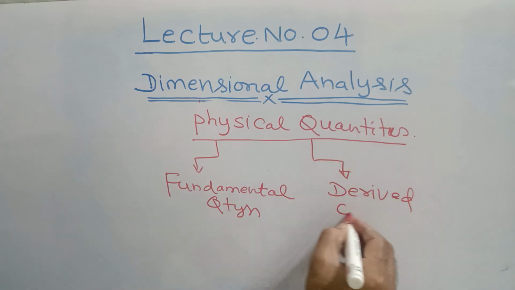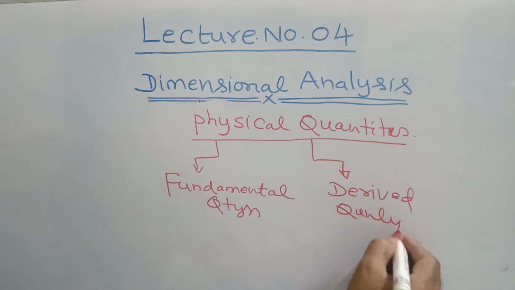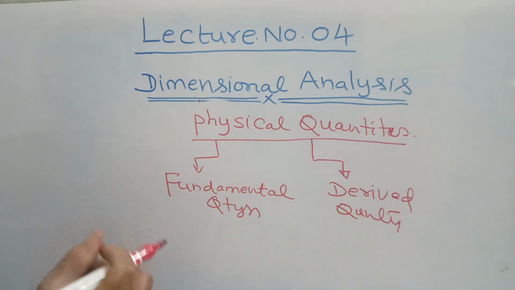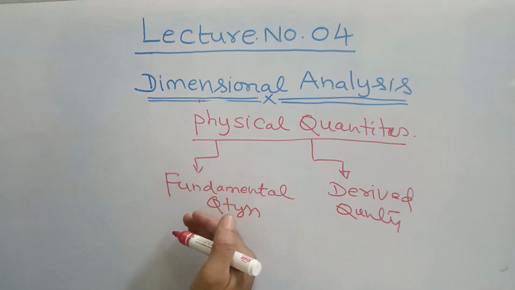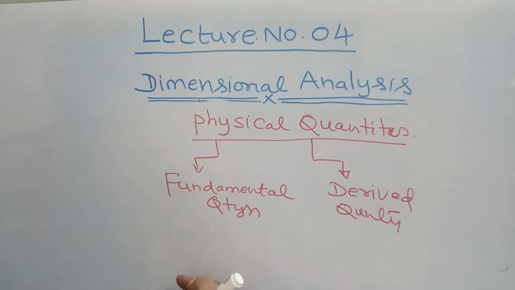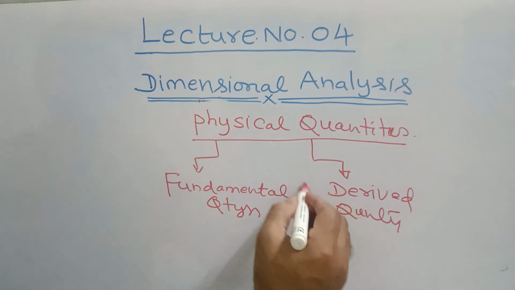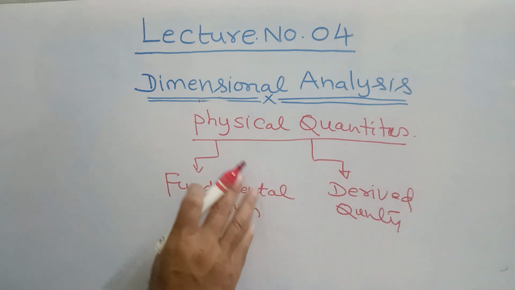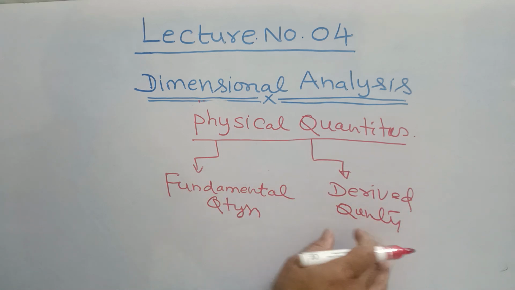So, the first is the fundamental quantity, and the second is the derived quantity. Under fundamental quantities, there are basically 7 types that we have classified, like mass, length, time, and so on. Similarly, there are certain quantities which are derived from the fundamental or base quantities. Those are called derived quantities.